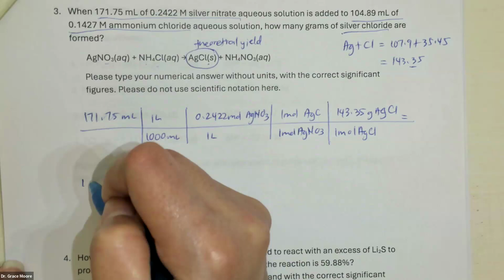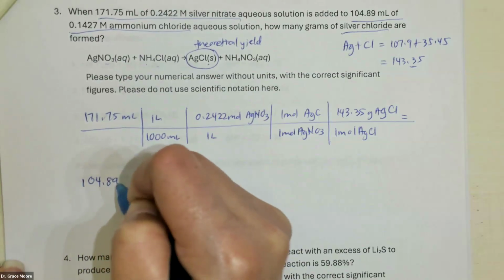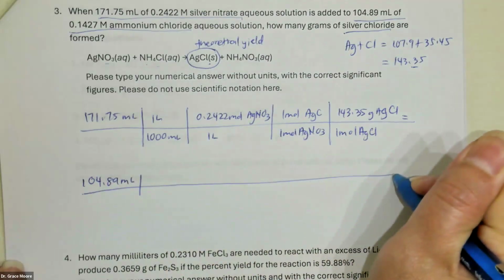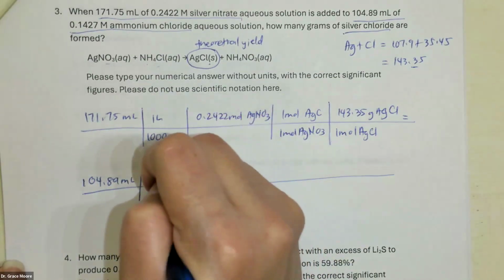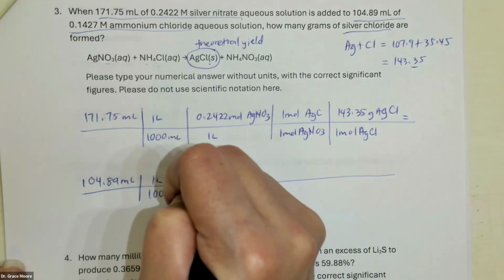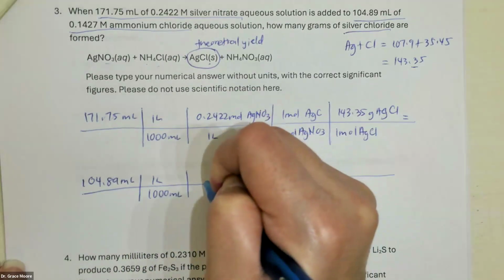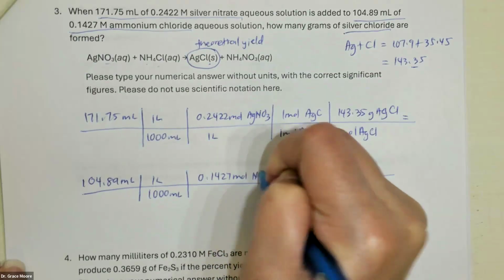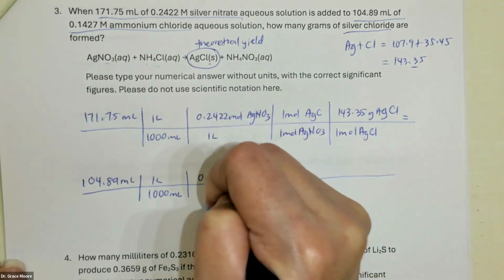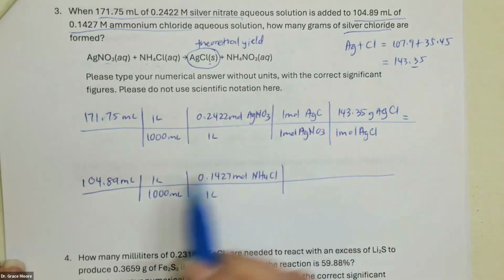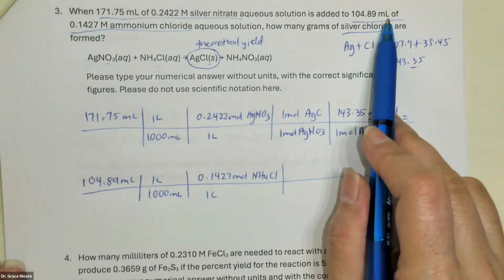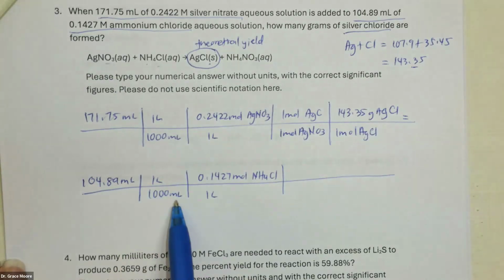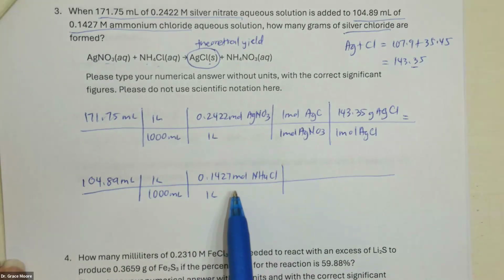So I'll set it up the same way. Everything's the same. I use the volume in milliliters, 104.89 mils divided by 1,000 mils because I want to change it to liter.